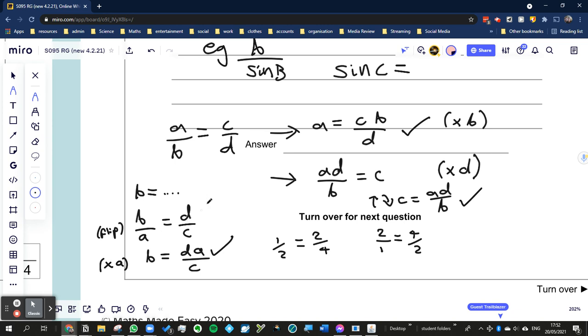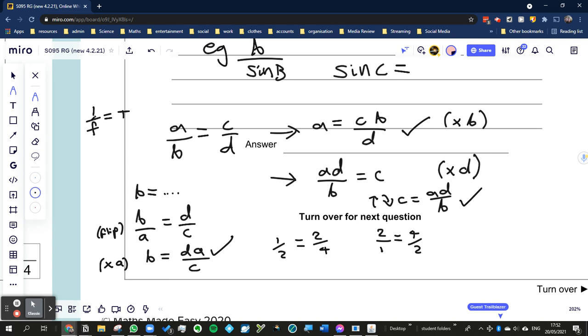Okay, so this is definitely something that a lot of people get confused with. It comes up in physics. 1 over the frequency is equal to the time period. So what's the frequency equal to? Well, you can flip both sides.